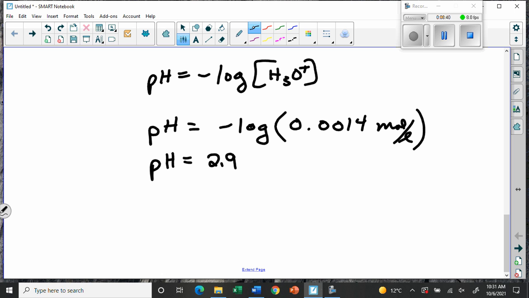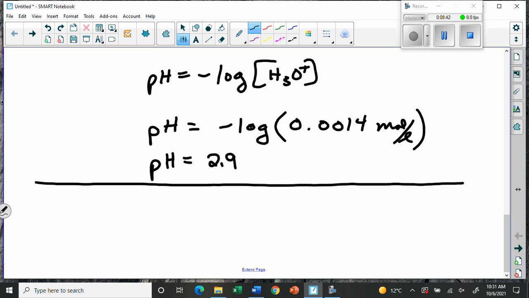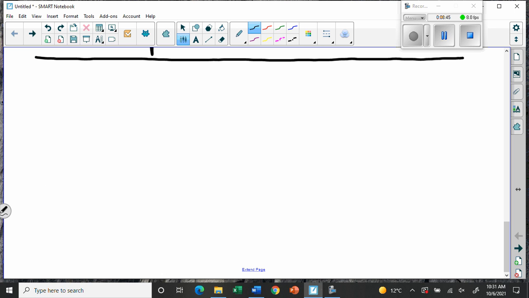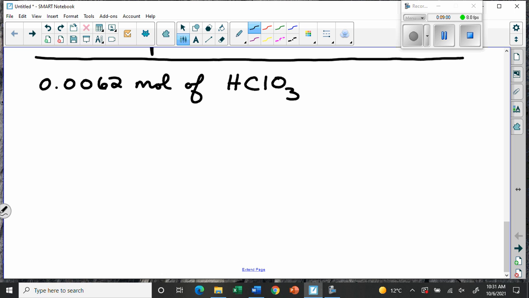All right, so let's do one more example. Let's say we have 0.0062 moles of chloric acid in 0.6 liters of water.